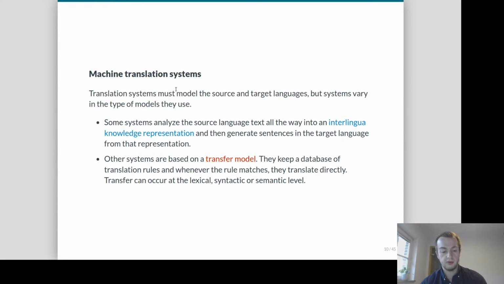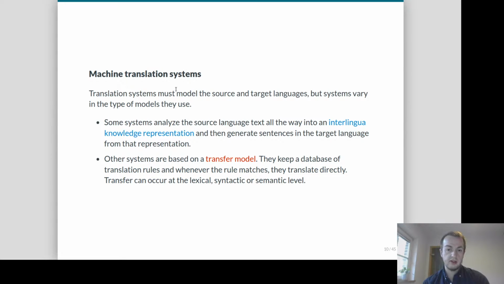And then so you go from the source sentence into this intermediate representation of the sentence. And then from this intermediate representation of the sentence, you decode this representation into the target language.